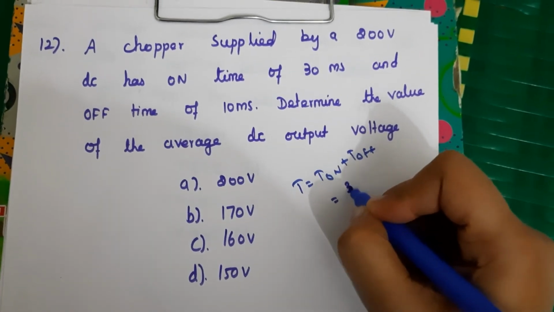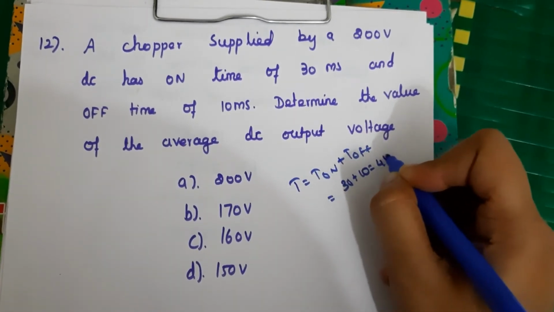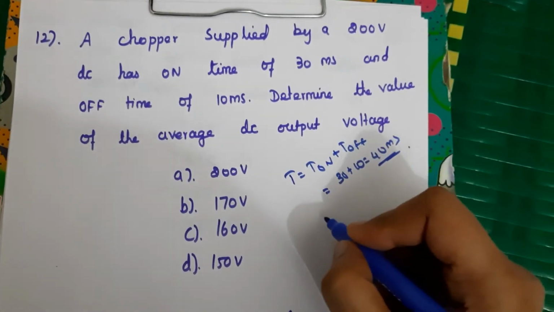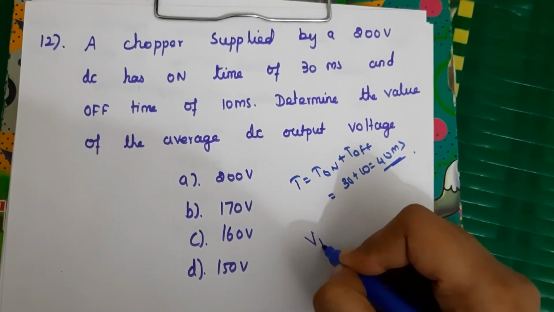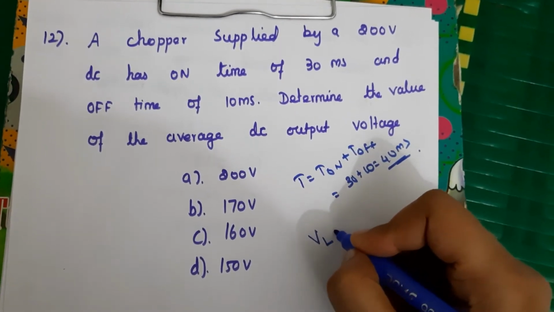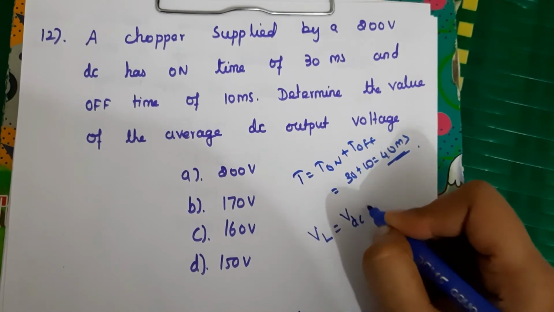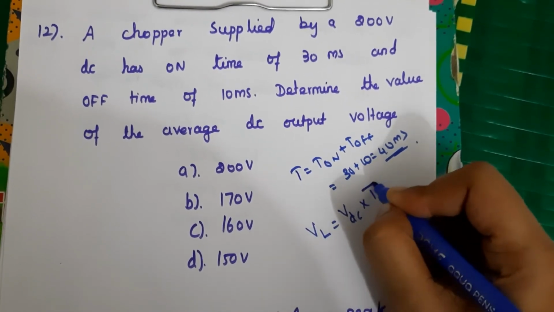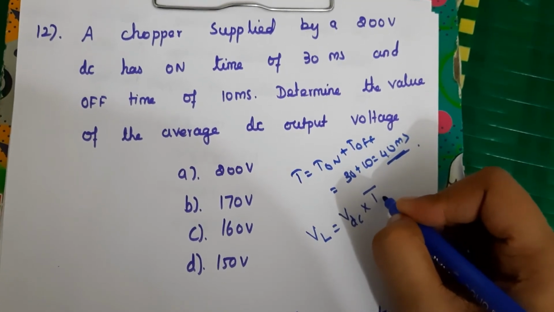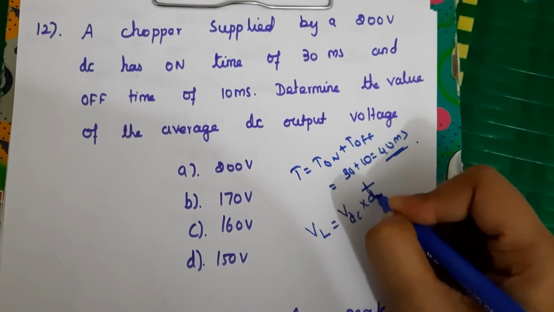So we get 30 plus 10, that is equal to 40 millisecond. So this is the T value. And we know the formula for finding the average DC output voltage: VL is equal to VDC into the average duty cycle value.